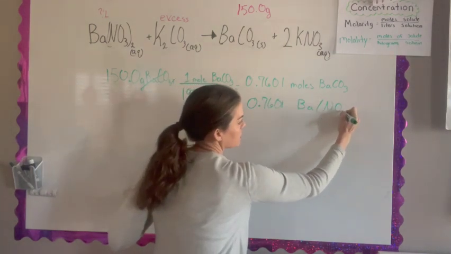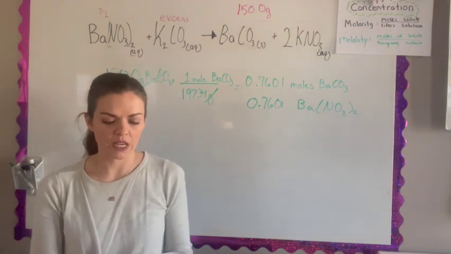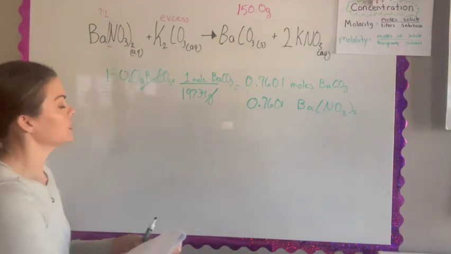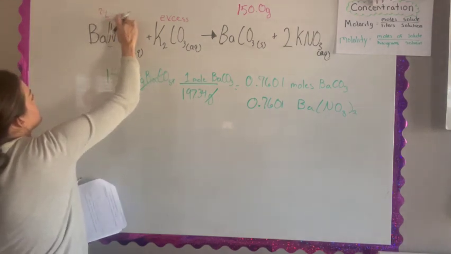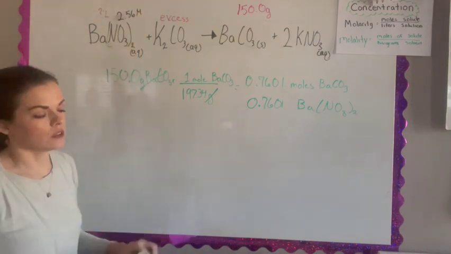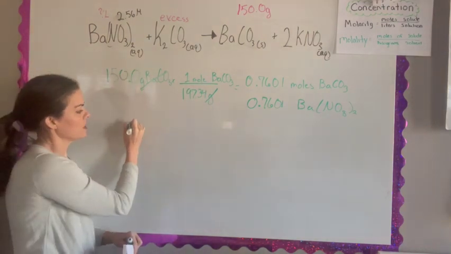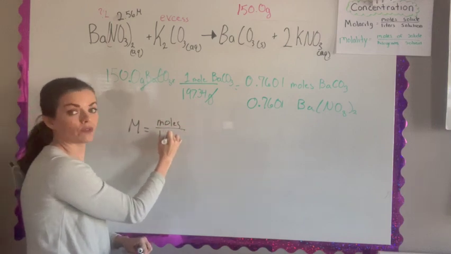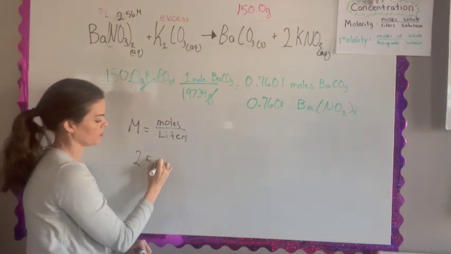of the reactant. So the other bit of information that they give you in the problem that I didn't yet write down is they tell me the molarity of this solution, and it is 2.56. And since I'm trying to find liters, if I know that molarity is moles over liters, I know my molarity is 2.56.